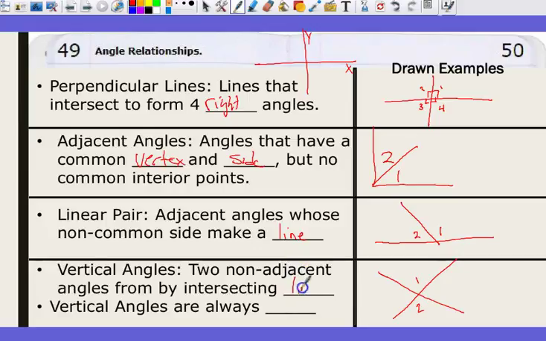And vertical angles are always, does anyone know? They're always opposite. It's about their measurement. They're always the same, which is called what in math? Equal or congruent. They're always congruent.